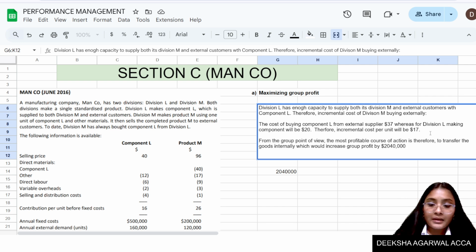Correct? This much will be my profit increase. When my profit will be increased this much, that's what you will be doing.